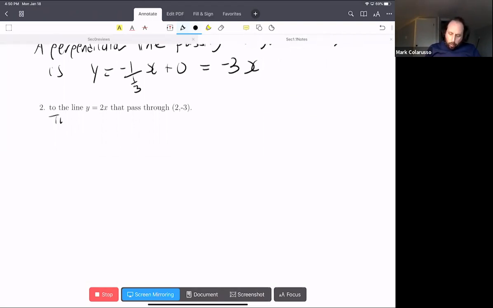So the slope of the line y equals 2x is 2, right? We can just read it off the equation.